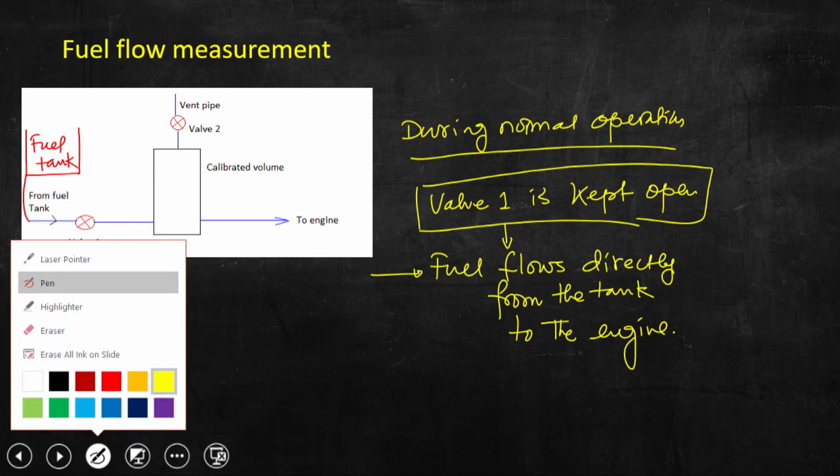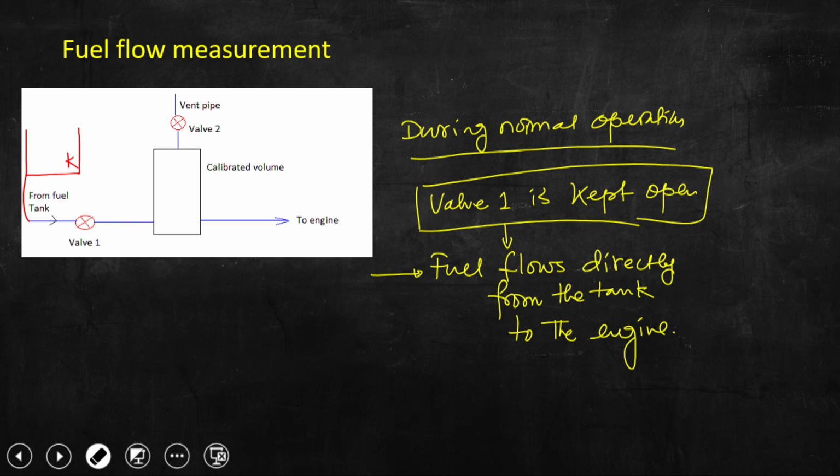If I erase this, here we have fuel; this is the fuel tank. If the vane pipe ends below the level of fuel in the fuel tank, then care must be taken in filling of the calibrated volume.